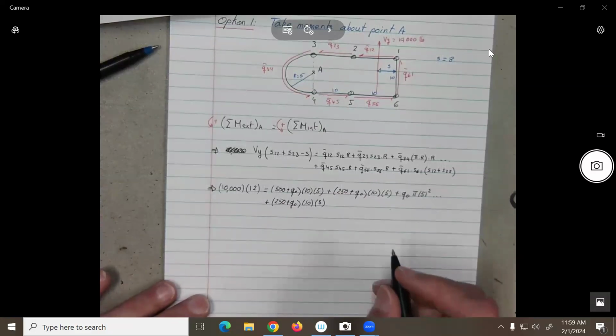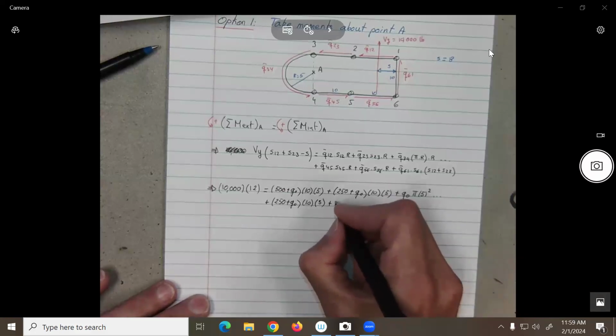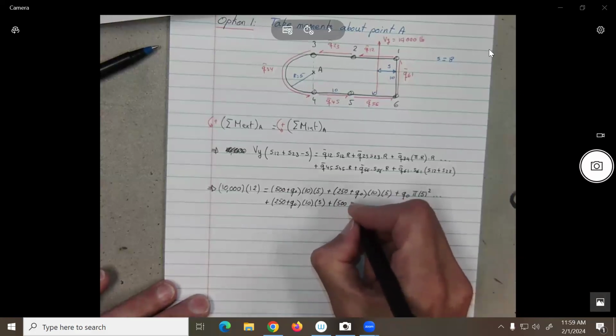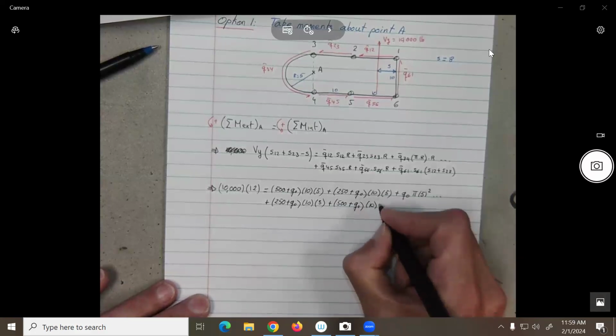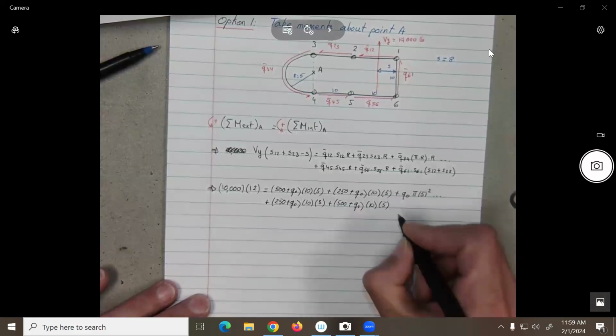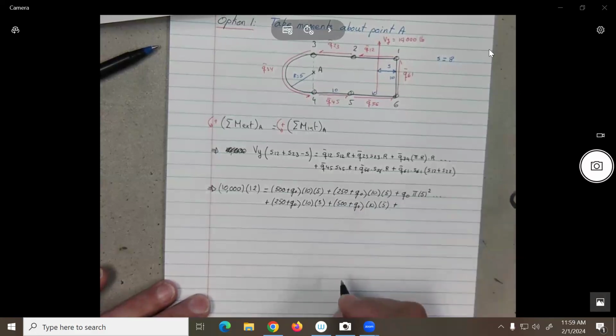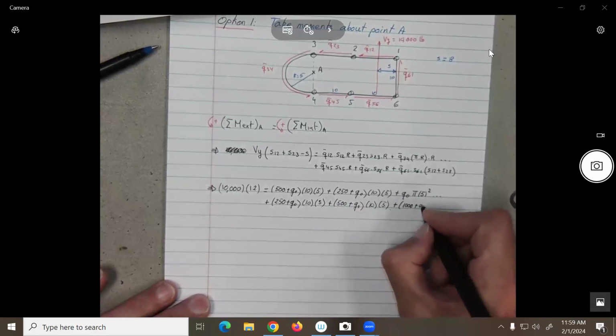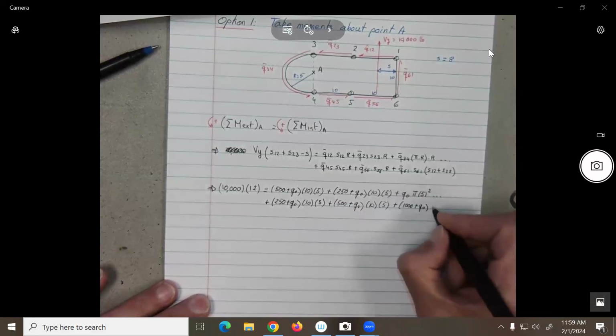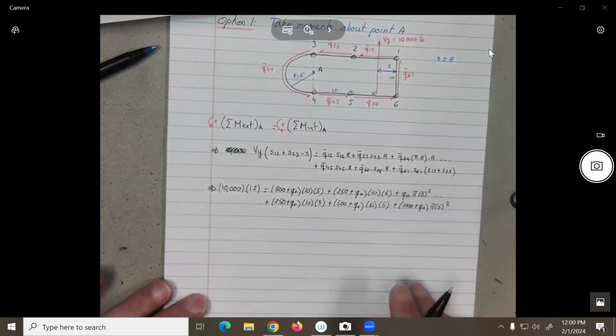Then Q56 is, perfect, 500 plus Q naught times 10 times 5. And the last one, Q bar 61, is 1000 plus Q naught times pi 5 squared.